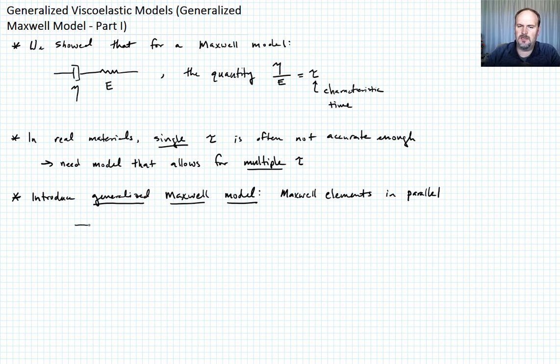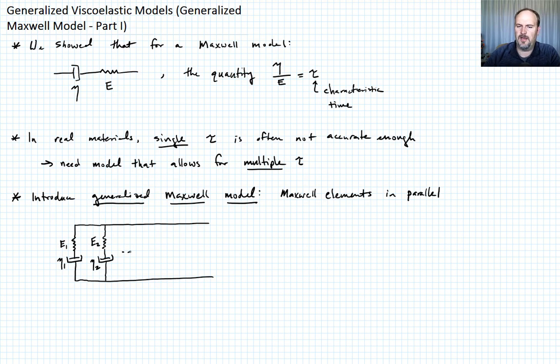Let's say this is the top of such a model, and we'll have some spring and a dashpot there. Let's call this E1 for the first element and eta 1 for the first element. We could then add another in parallel with that, characterized as E2 and eta 2.